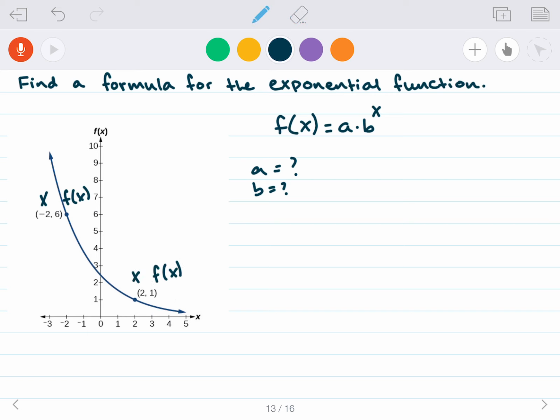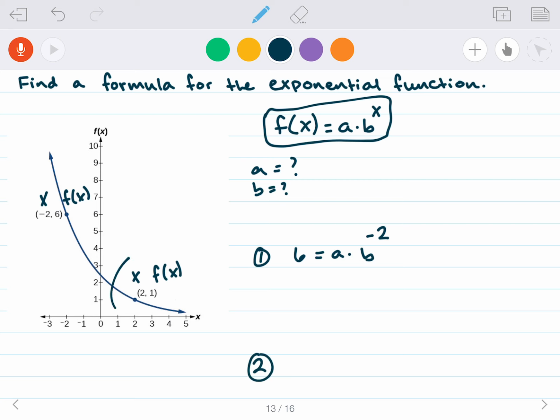So we can write 2 equations to figure out a and b. Our first equation, with our leftmost point, is 6 equals a, which we don't know, times b, which we don't know, raised to the -2. And our second equation, from the other point, is 1 equals a times b to the 2.